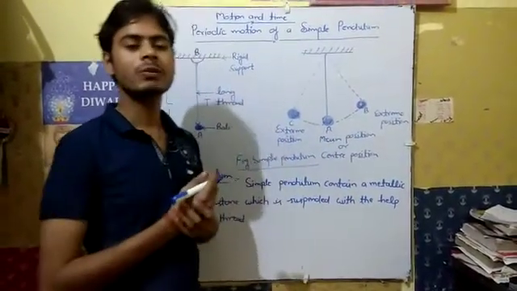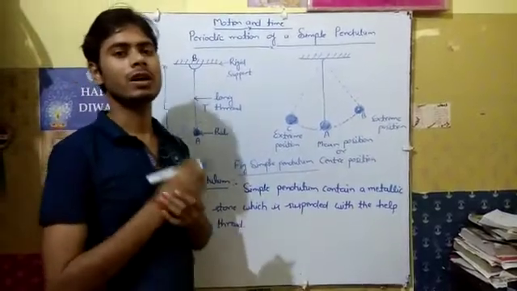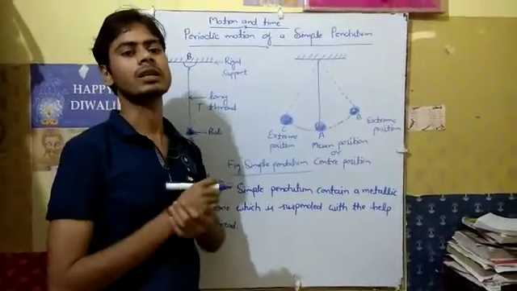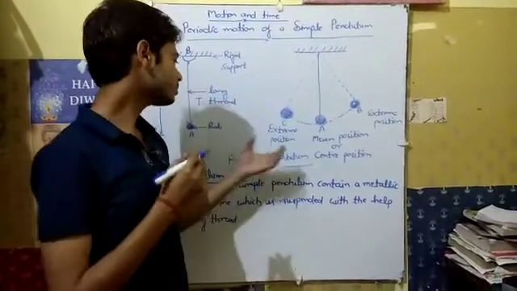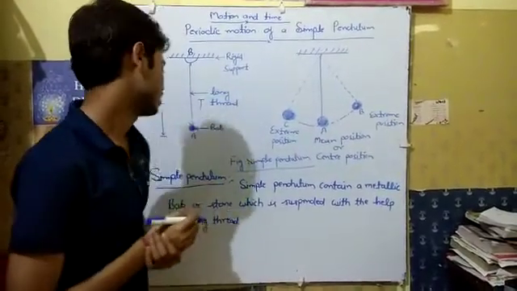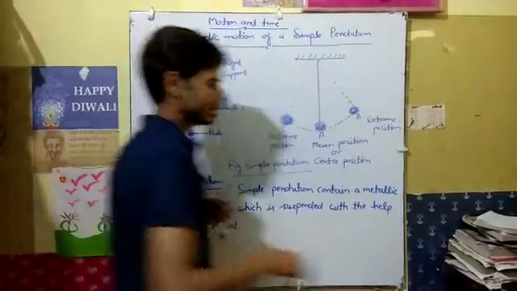So the to and fro motion of a bob in a simple pendulum is known as oscillatory motion.